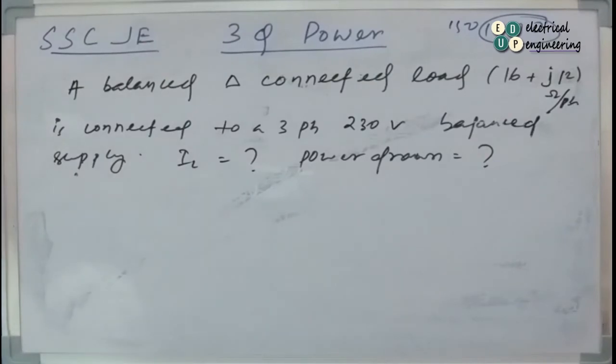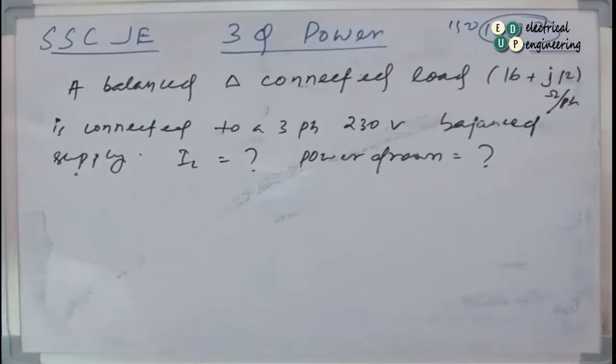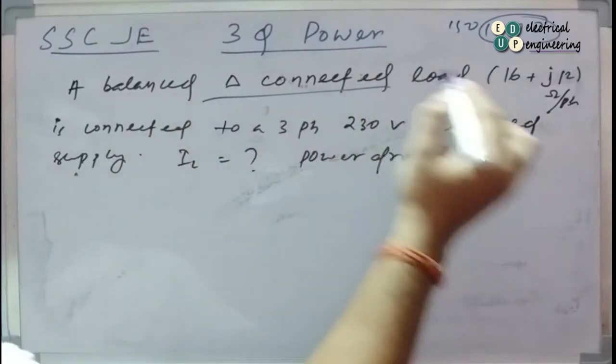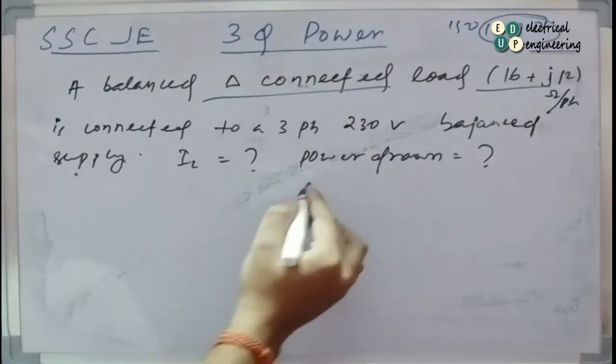In this question, a balanced delta connected load having 16 plus j12 ohm per phase is connected to a 3-phase 230 volt balanced supply. It is asking how much is IL and how much is the power drawn.